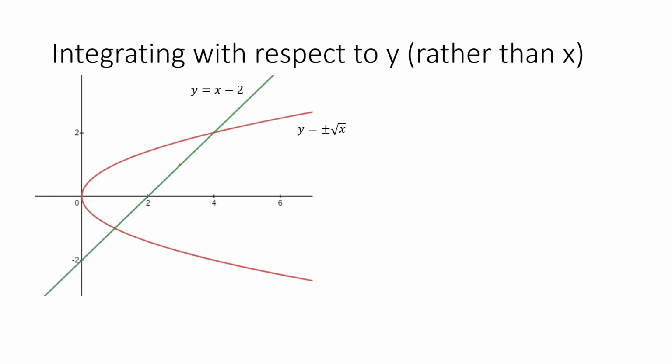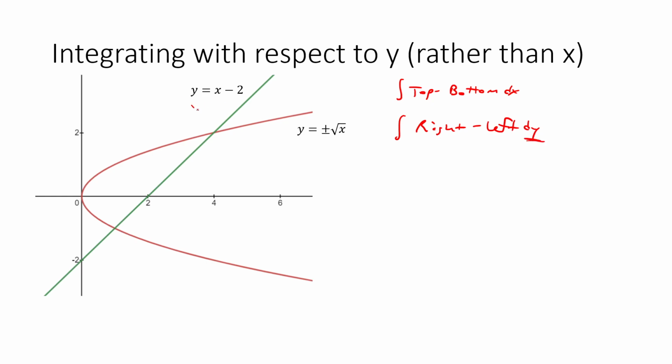Because if we do that, now this is always going to be to the right of this. And instead of doing top minus bottom, we can do right minus left. We have to get it in terms of y.